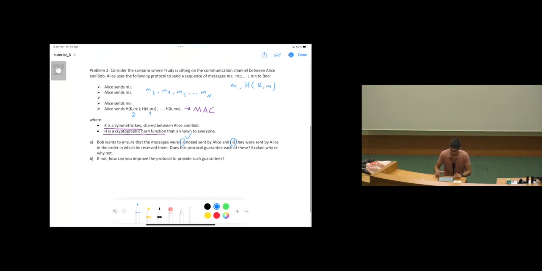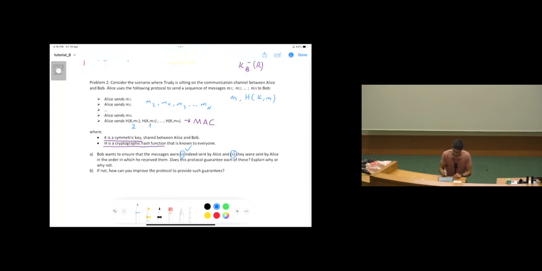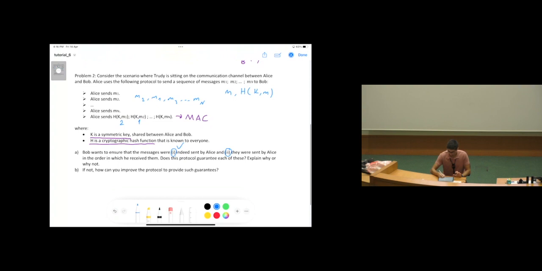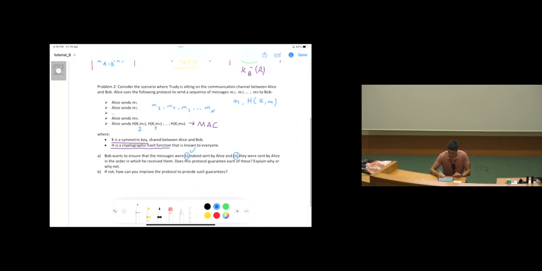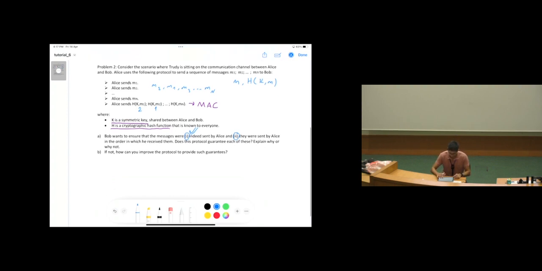So now the second question is, if any of these properties are not satisfied, how can we change the protocol to provide these guarantees? Message integrity and authentication guarantee is satisfied. So the messages are indeed sent by Alice. But how can we guarantee the order? Well, for one thing, we can have Alice add a sequence number in each of these MACs.